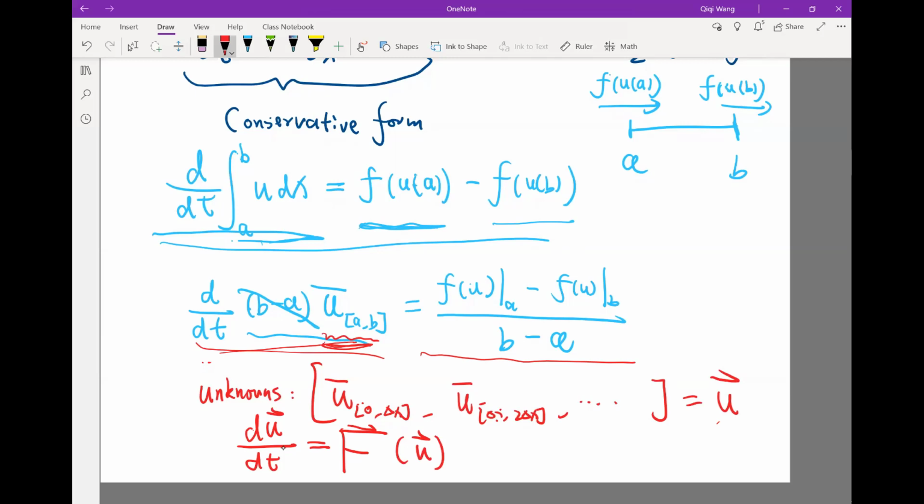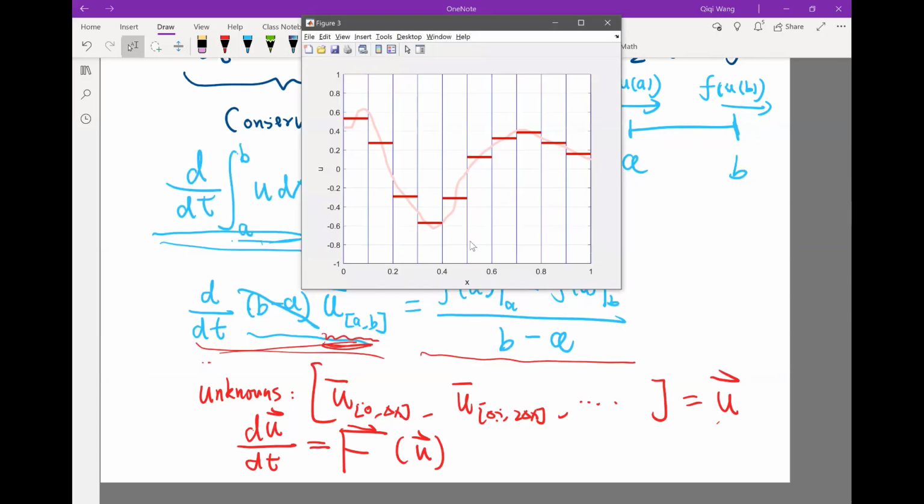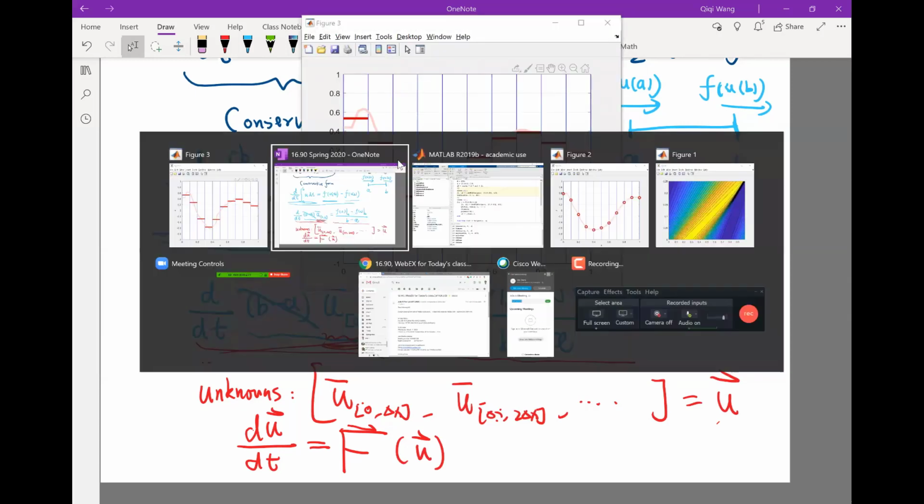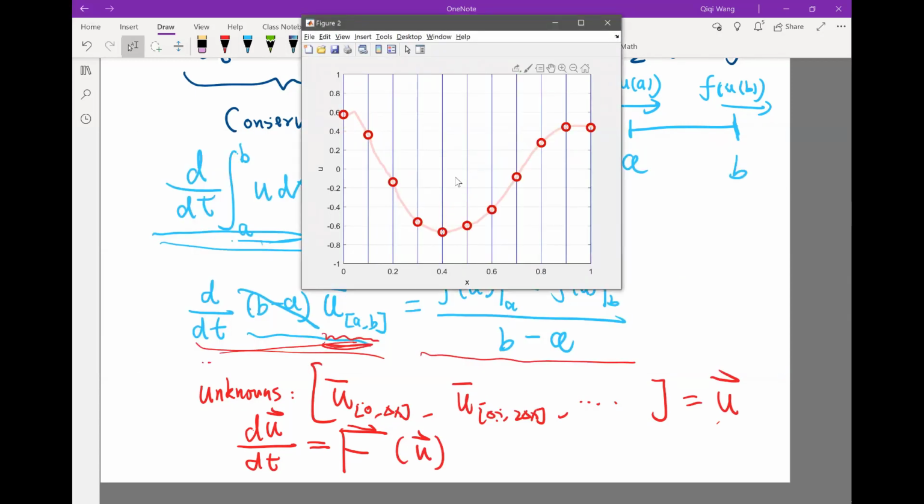The tricky part about finite volume is that, in contrary to finite difference, where we know the value of u exactly on the domain interfaces, this is like a finite difference. This is finite volume. But in finite volume, we no longer keep track of the value of u at the interfaces.